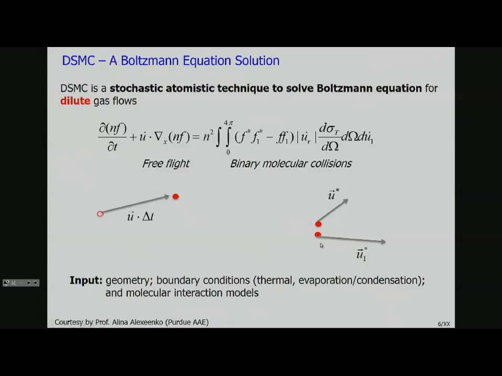Once this collision happens, obviously the velocities change, your internal energies are exchanged, things like that. And obviously, just like in any solver, you have to input your conditions, geometry, and boundary conditions, and then in this case, what is unique is your molecular interaction model.